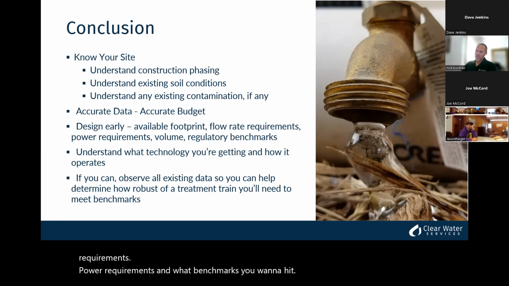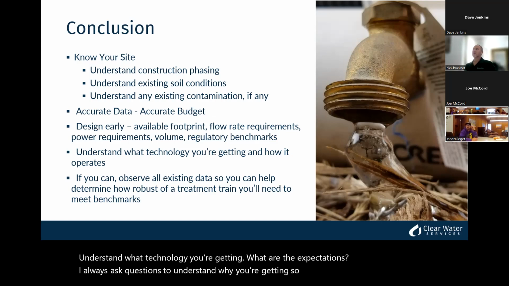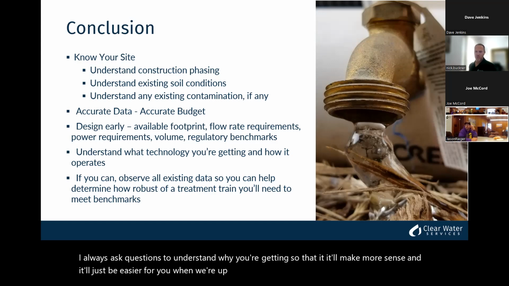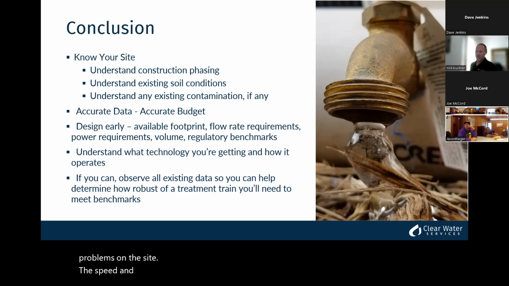Understand what technology you're getting, what the expectations are. Always ask questions to understand what you're getting, so that it'll be easier for you when we're up and running and running into any problems on the site. You'll just be in the know better.